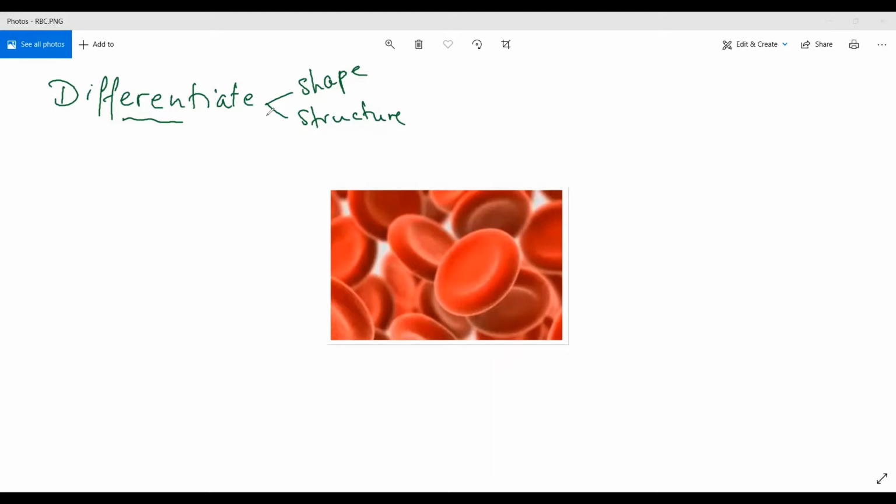Is it like specialized cells? I was just going to say this. Yes. When the cells differentiate, they will be specialized. And specialized means that they do a special function, special for them. Okay? Differentiation is in order to specialize for doing a certain function.